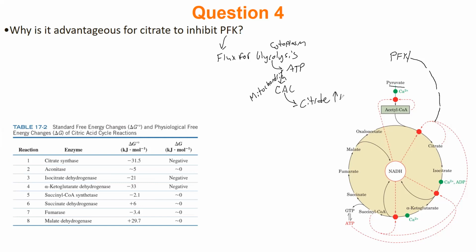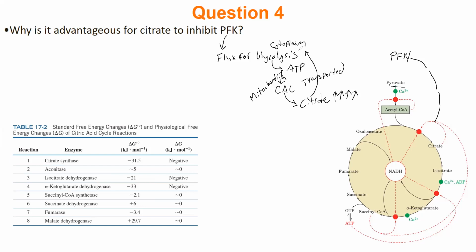If you have a lot of citrate, what will happen is that it will start being transported out of the mitochondria into the cytoplasm. And if you have such a large amount of citrate for this to happen, this means you have a lot of ATP that's going to be available.